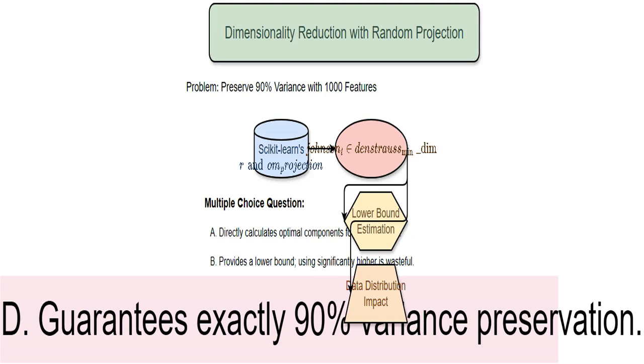The accuracy of this lower bound is tied to how the data is distributed. The function's underlying mathematics assumes a certain type of distribution, similar to a uniform spread. If my data doesn't match this assumption, the estimate might not be as accurate or precise. It is crucial to remember the Johnson-Lindenstrauss lemma's assumptions and limitations.